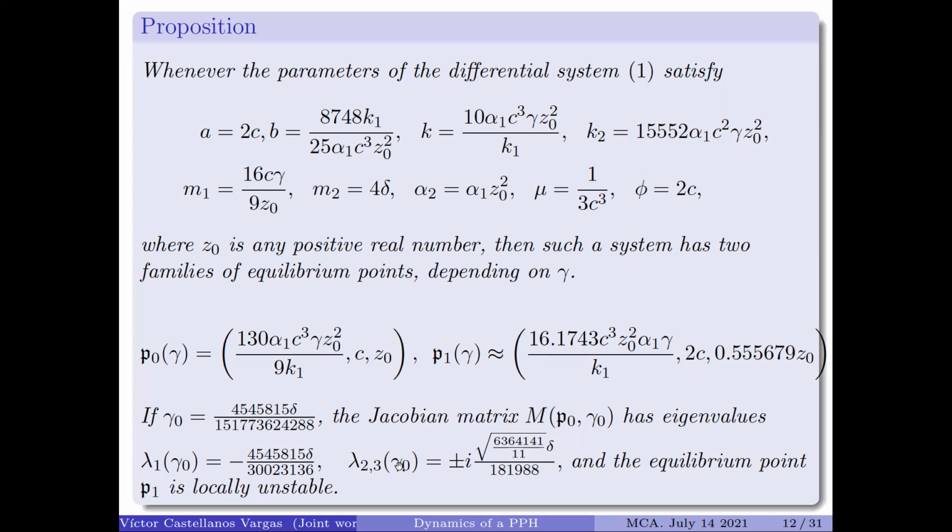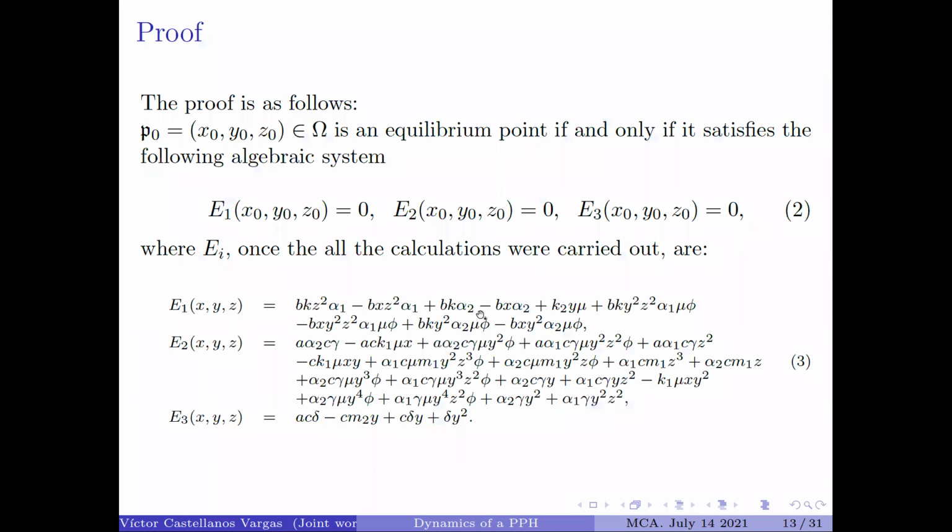And also the equilibrium point P1 is locally unstable. Then this proposition gives us the scenario to apply Hopf bifurcation. Okay, the proof of this proposition is as follows.